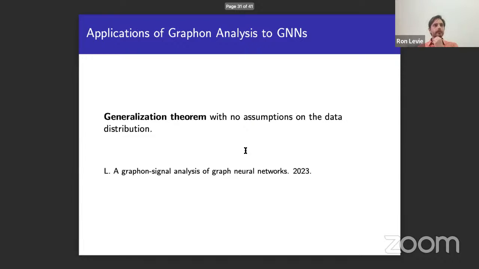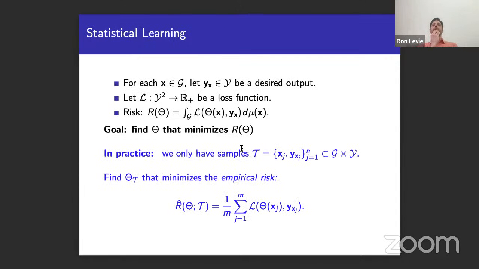So these two things together allow us to prove many corollaries. First of all, we can prove a generalization theorem that says that if you have a training set and you train a network, then the statistical risk is guaranteed to be close to the empirical risk. So let me give you a very short reminder from statistical learning, just to make sure that we remember the concepts.